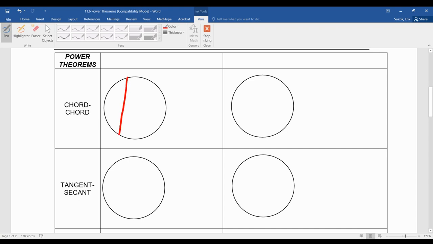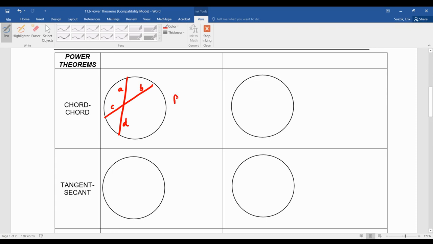Here, I'm going to give you a couple of chords, okay? And we'll call this A, and this B, and this little C, and this little D. Now, what the power theorem states is that, you see, each chord was cut into two parts. This one was cut into parts A and D. This one was cut into parts B and C. I'm going to tell you what the power theorem states.